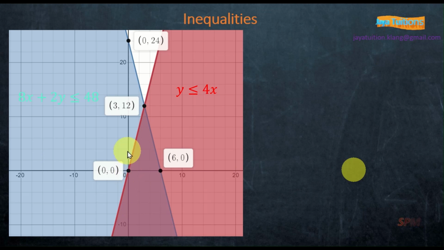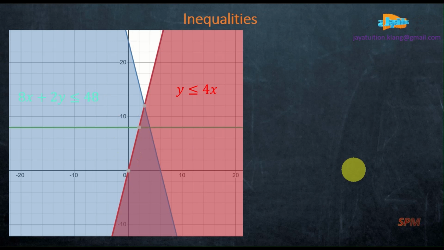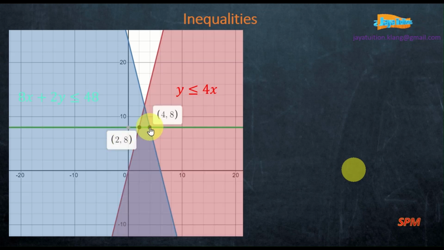So you just take a point 0, 2, 4, 6, 8 somewhere here. So I just draw a horizontal line y is equal to 8. At this particular point you can see that at y equal to 8 the minimum x value will be equal to 2. That is, when 8 apples are purchased, you can purchase 2 watermelons. Further to that, when 8 apples are purchased, a maximum of 4 watermelons can be purchased.